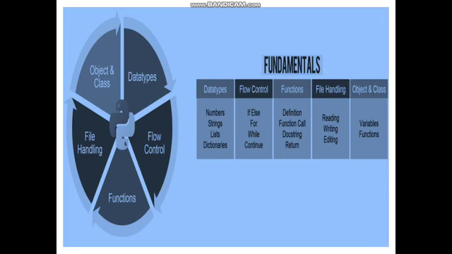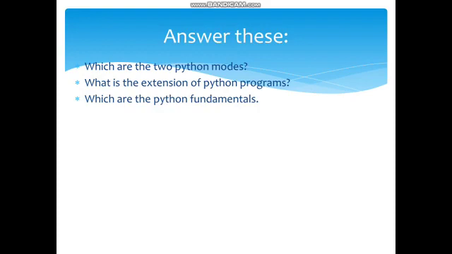Now you can see the diagram of the 5 important fundamentals of Python: object and class, data types, flow control, functions and file handling. Now we can conclude this topic by discussing some exercises. Which are the 2 Python modes?